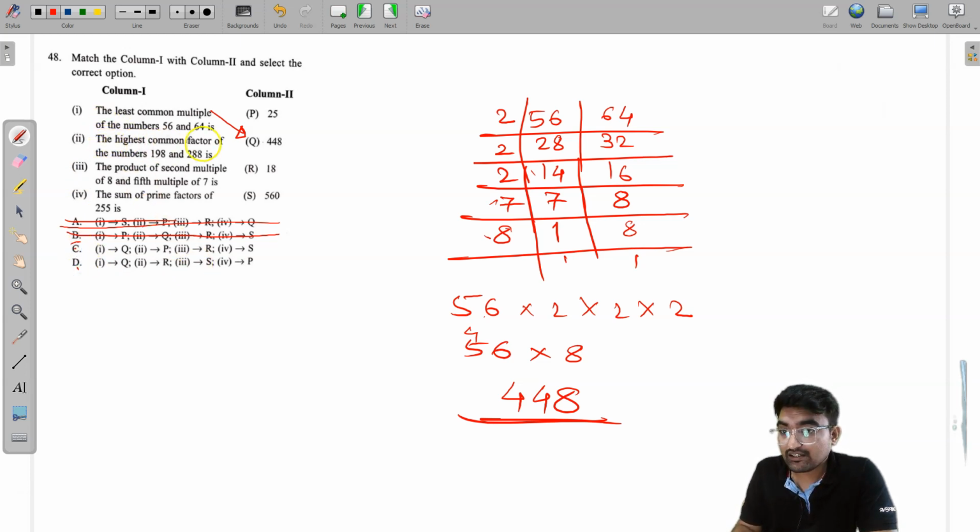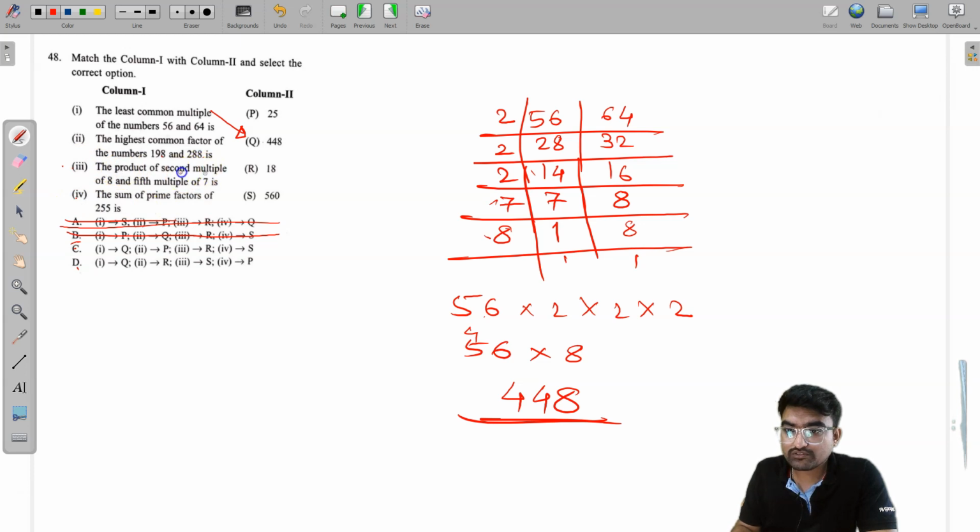Now second, the highest common factor of the numbers 198 and 288, correct? But this will take a lot more time, so we have to save time in the exam. So I'll just check the third option or the fourth option.